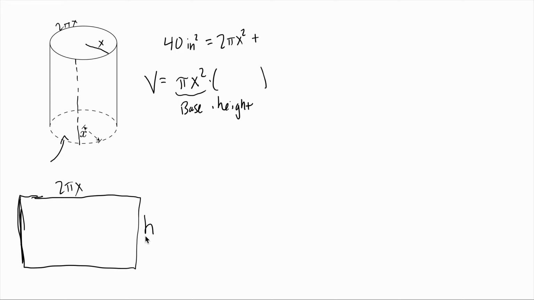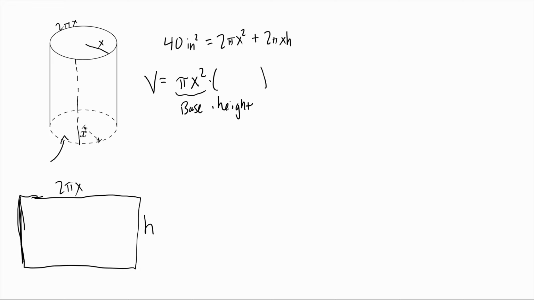So we have height times 2 pi x. I'll just use a letter h because I don't know what it is, so just use a letter for something you don't know. So 2 pi x h. So we have this relationship. This is actually a relationship between h and x.